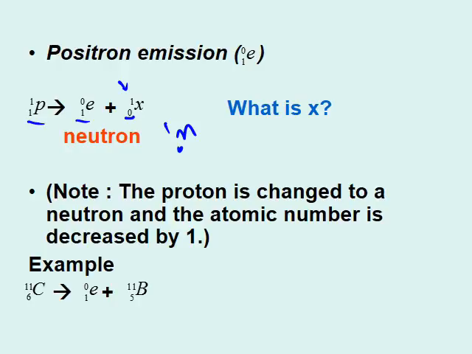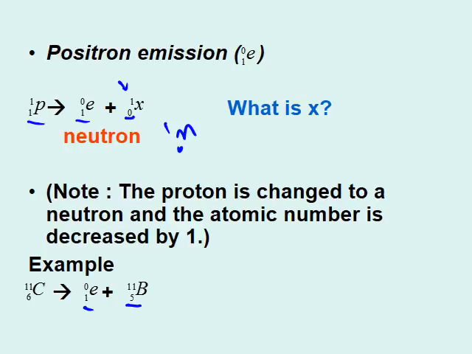Let's see one example. Carbon-11. When a positron comes out, that's plus 1. So the other element or particle will have to have 5 protons and top number has to be 11. Don't look at the top number in the periodic table because there are lots of isotopes, and the periodic table only gives you average masses, not specific isotope masses.